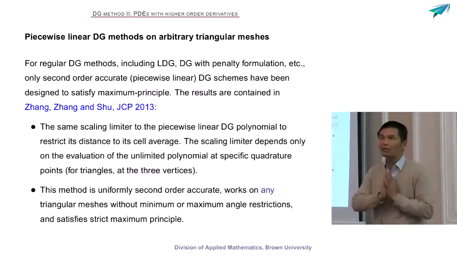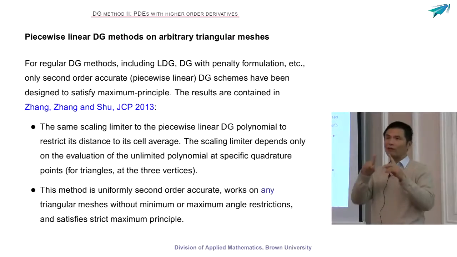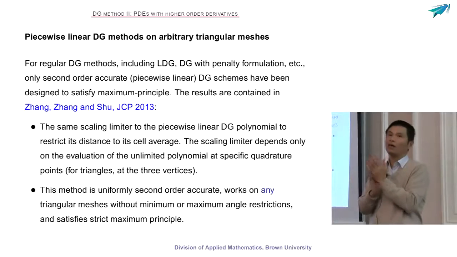No matter what the shape of the triangle is, used to be that in many earlier finite element proofs, they need the triangulation to be acute or to have some restrictions on the angle. It is not here, so this restriction is not here.